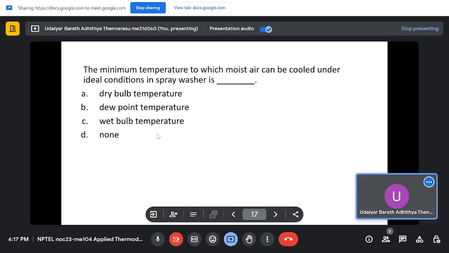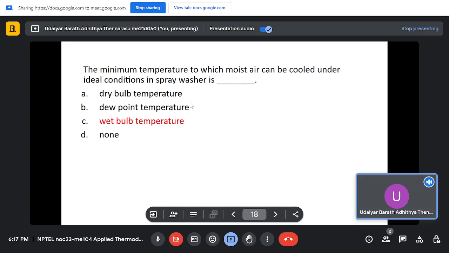Next question is, the minimum temperature to which moist air can be cooled under ideal condition in a spray washer is dash. In air washers, you can have cooling and humidification, dehumidification and heating.